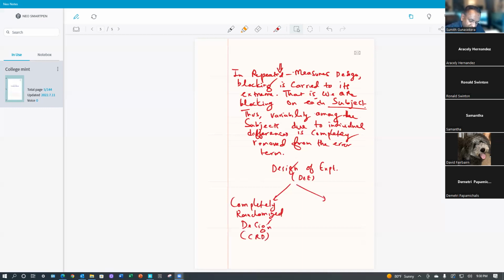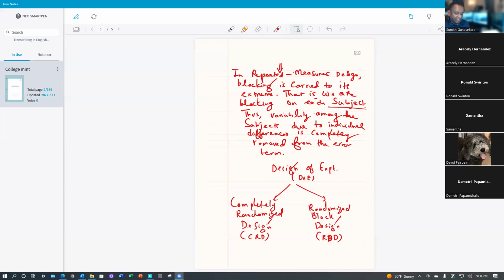The other one, randomized block design, RBD. You might have seen these. So in repeated measures, we're going to do the randomized block design to its extreme, in a large scale.